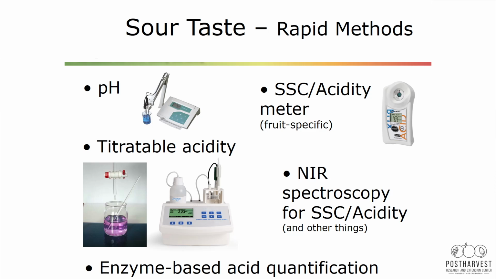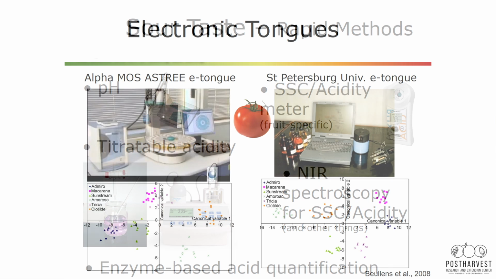So if this one is calibrated for citrus, you cannot use it for apple, for example, or grape, right? You just have to know that. And then there's NIR spectroscopy that I'm sure Erwin will talk about later today. But again, you have to develop a specific algorithm for a specific fruit. You can't just use it out of the box for just any fruit.